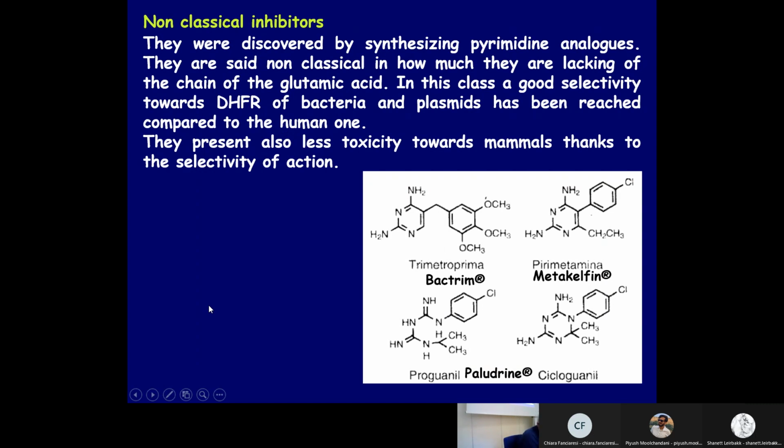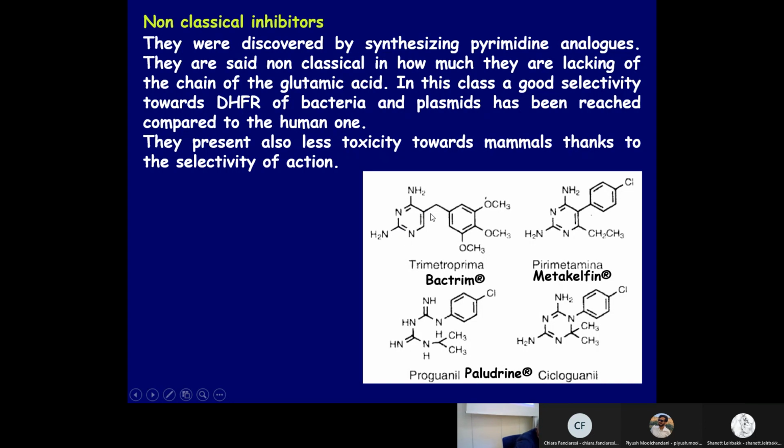Non-classical inhibitors. Non-classical means that there are no residues of glutamic acid. The most important compound of this class is trimethoprim. We can analyze very carefully the chemical structure of this compound. You can see there is a pyrimidine ring with two amino groups.